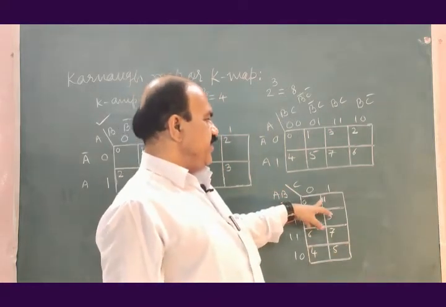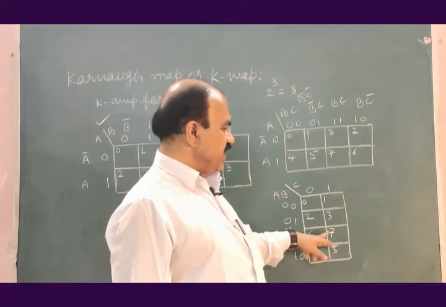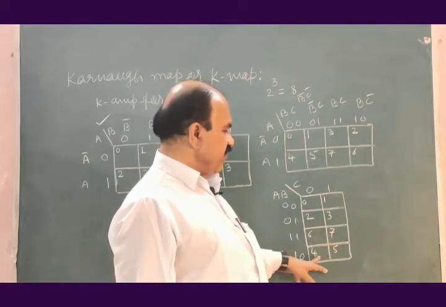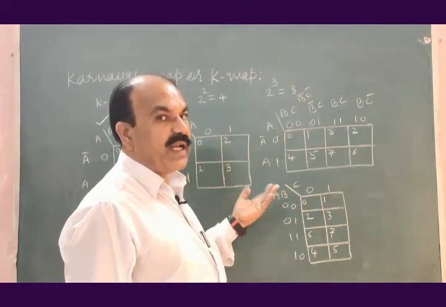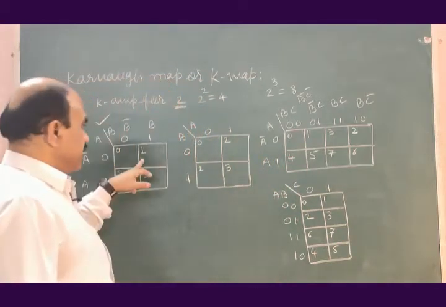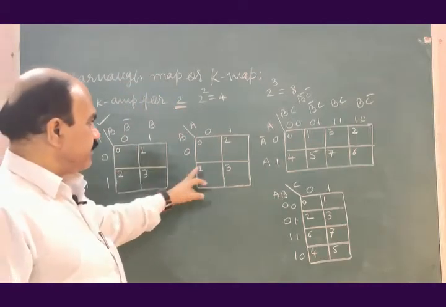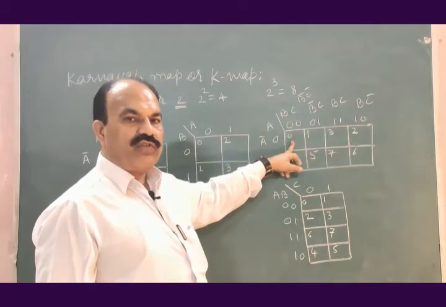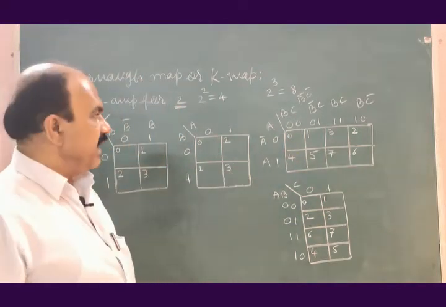Cell number 0, 1, 2, 3, 6, 7, 4, 5. Gray code is used for numbering these cells. This is the Karnaugh map, K-map for two variables and K-map for three variables.